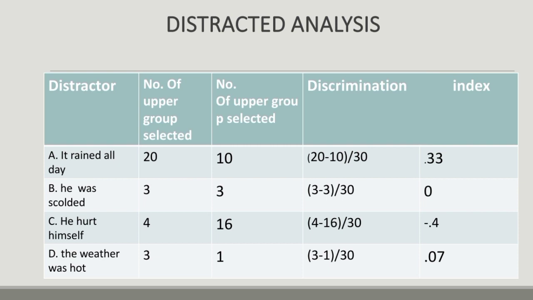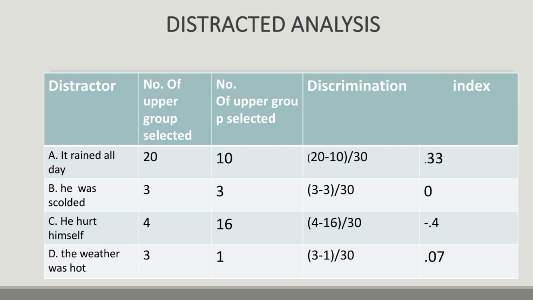Then if we solve the discrimination index, we have 4 minus 16 divided by 30 equals negative 0.4. While distractor D, the weather was hot, 3 coming from upper group, 1 from lower group. Then if we solve the discrimination index, we have 3 minus 1 divided by 30 equals 0.07.